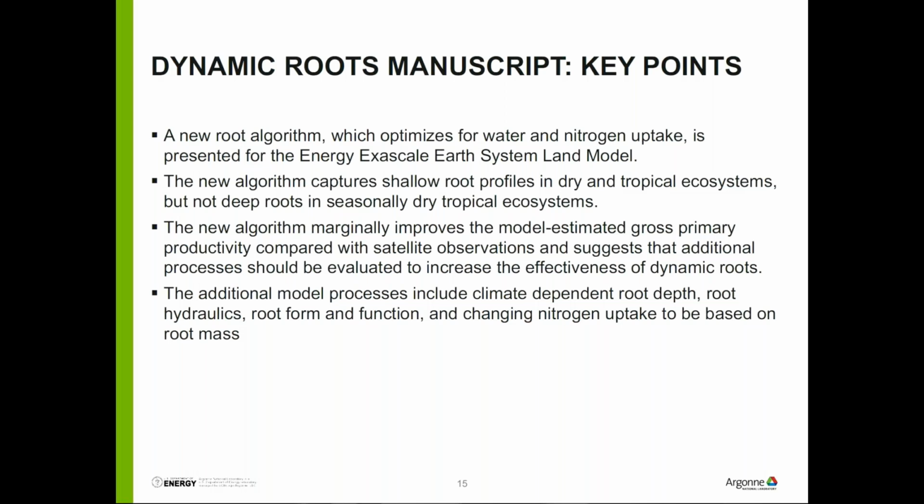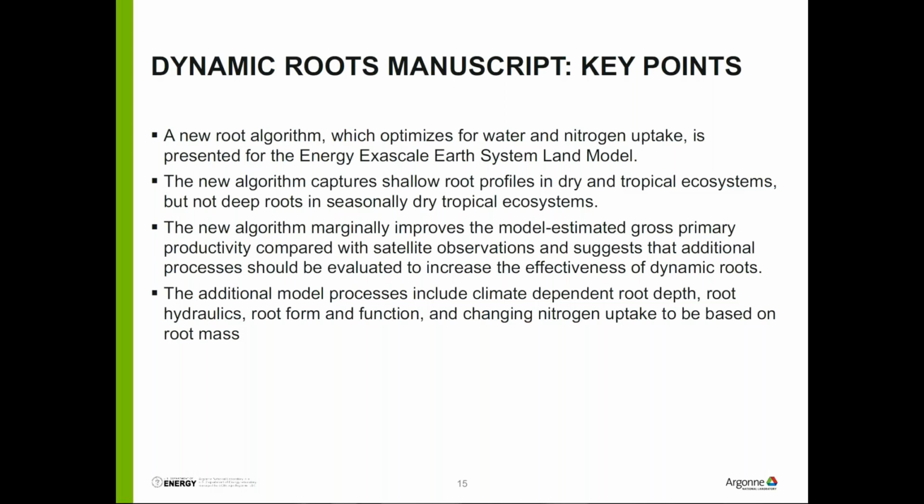Right now we have root depth based on plant functional type, but I think that should vary with different regions and the climatology of those regions. Root hydraulics, which is already being worked on for ELM. And also a more weighted approach for water uptake, instead of it being based solely on root biomass, but also on the available water in different soil layers.